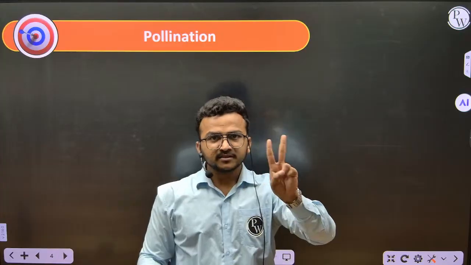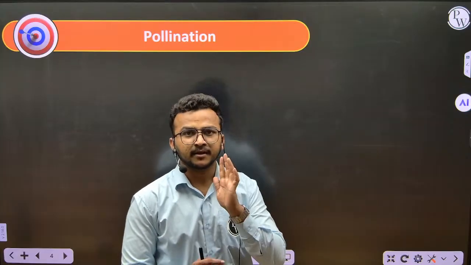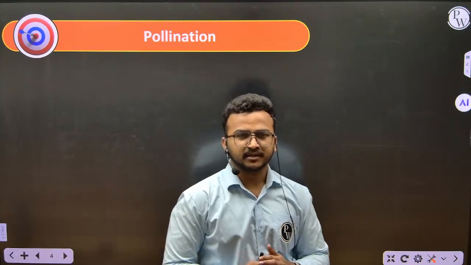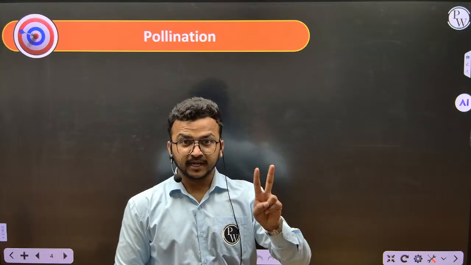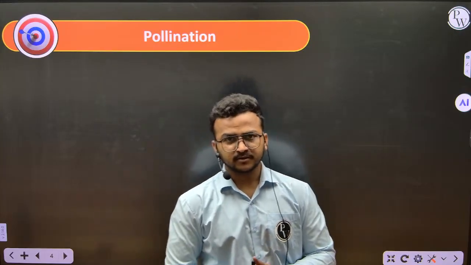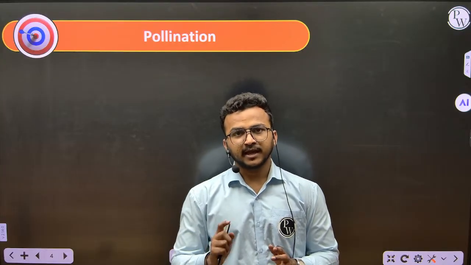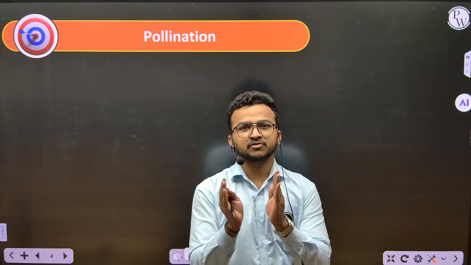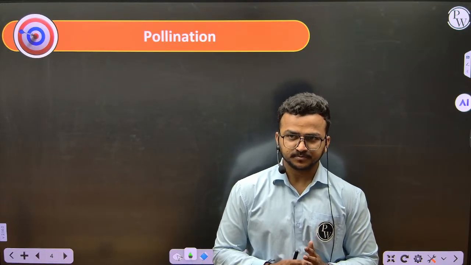If the flower follows these two conditions, self pollination is possible.